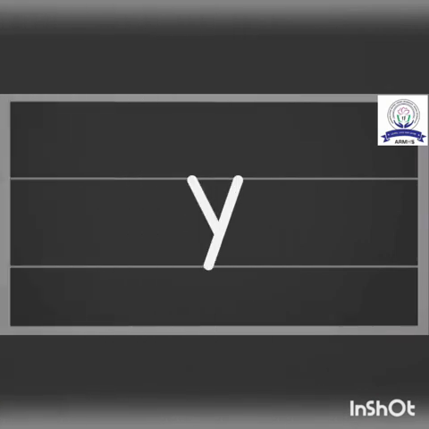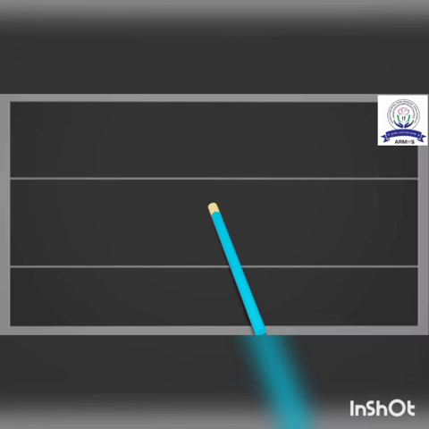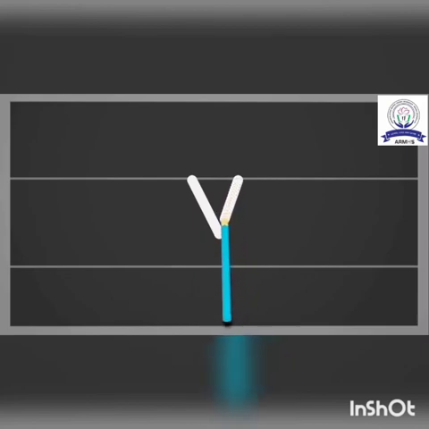Next letter y. Start from the middle, draw a slanting line till the bottom. Again, go to the middle and make a slanting line down below the bottom. Small y.